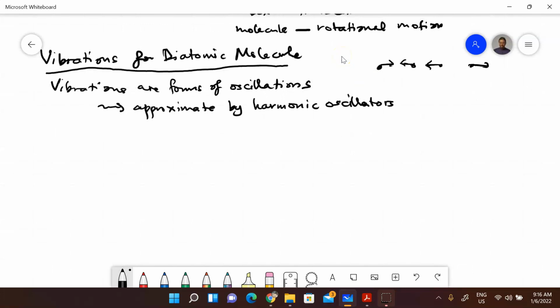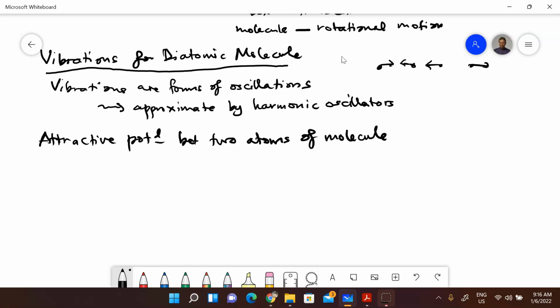what one needs usually just to have this approximation, one really needs just a potential. So there's an attractive potential between the two atoms of the molecule, where, let's say, the atoms are separated by distance d, just to give you a physical idea first, and then it starts to displace from the mean position.